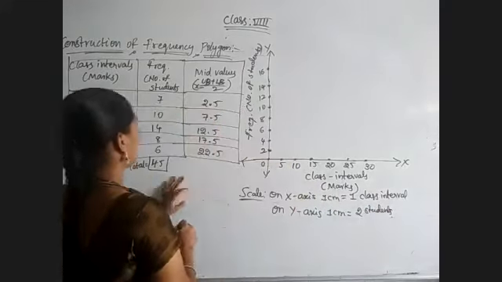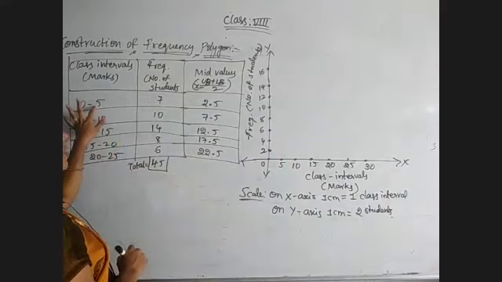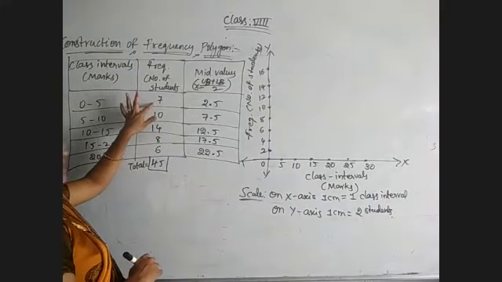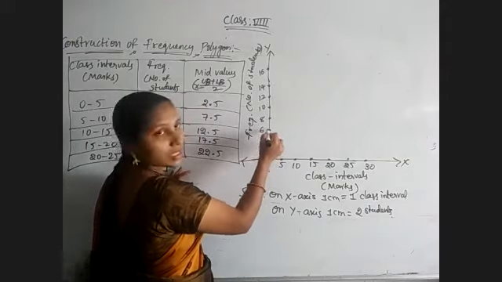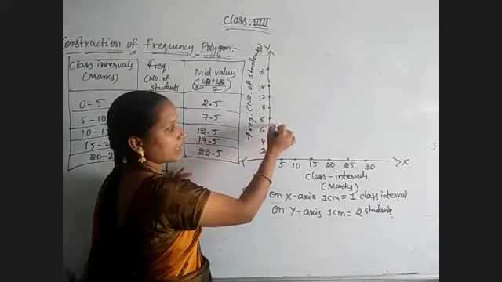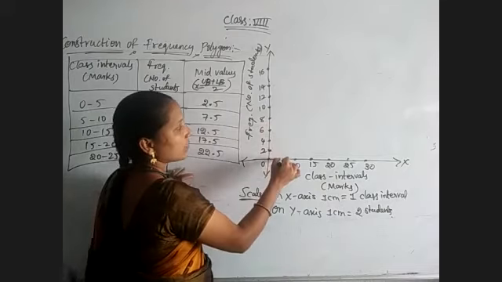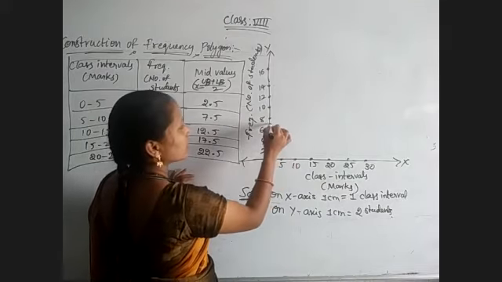Okay. Now, first class interval 0 to 5. Number of students were 7. So 7 means it is between 6 and 8. 6, 7, 8. So exactly in the middle, a smaller line we will get.